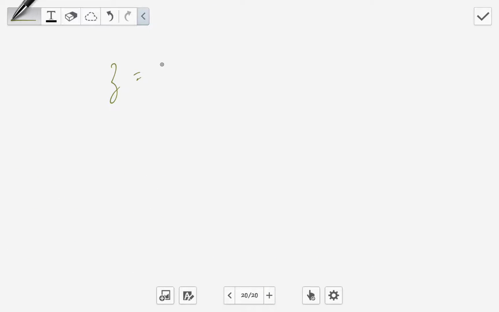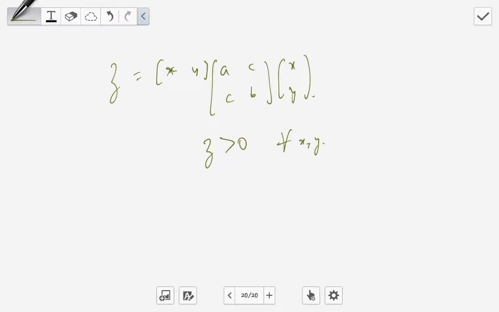For this function z is equal to xy, if this function has to be always above the xy plane, what should happen? Z should be greater than 0 for all x comma y, isn't it? Yes.